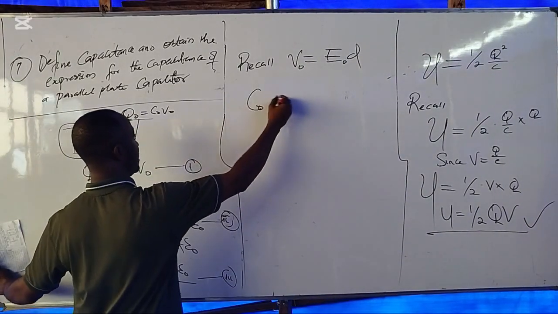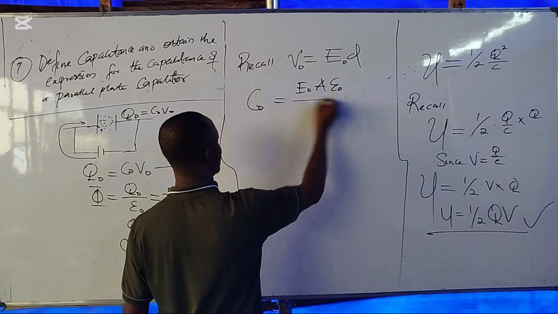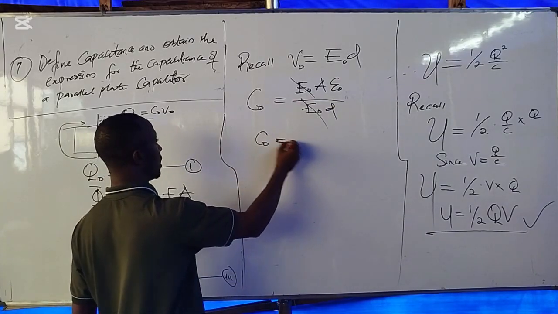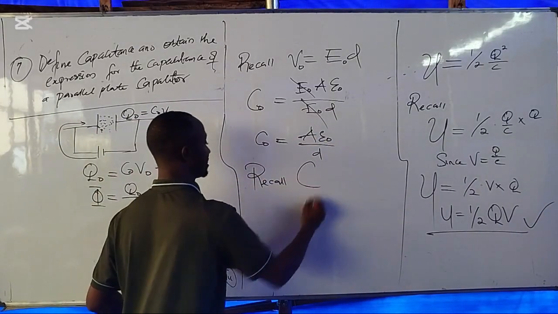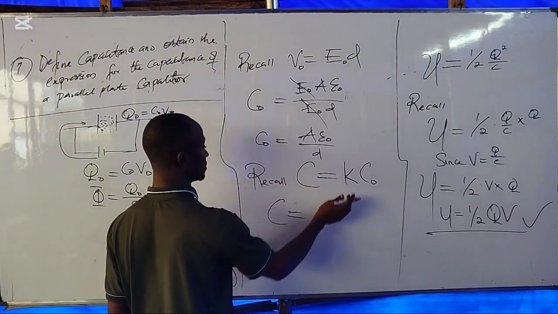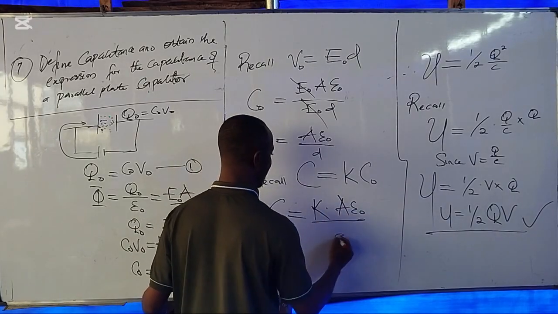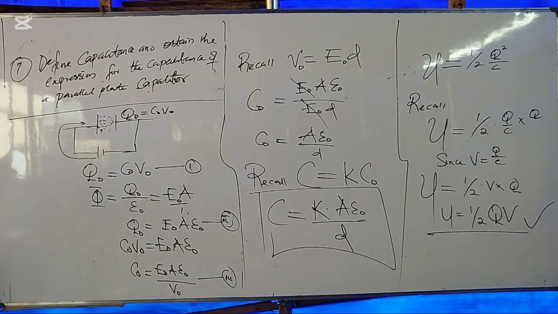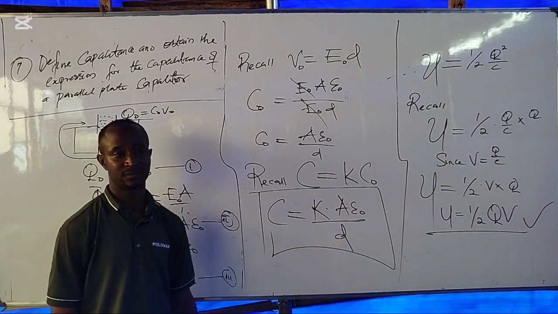That will give us C naught equals E naught A, permittivity of free space, divided by E naught D. This cancels, so our C naught becomes A E naught over D. Then recall that C is equal to K C naught. So C equals K times A, permittivity of free space, divided by D. This is the capacitance of a parallel plate capacitor when air is not the dielectric material. Are you getting it?